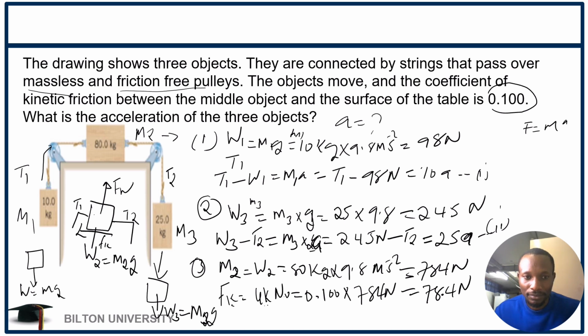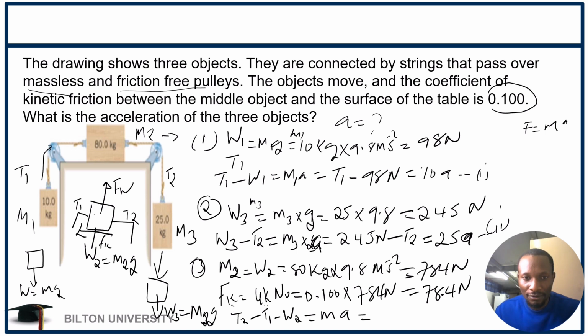Now we can equate these forces and say T2 minus T1 minus W2 is equal to MA. That is, the force of tension 2 minus the force of tension 1 minus the force due to the weight gives us mass times acceleration, and it's this acceleration that we are looking for.